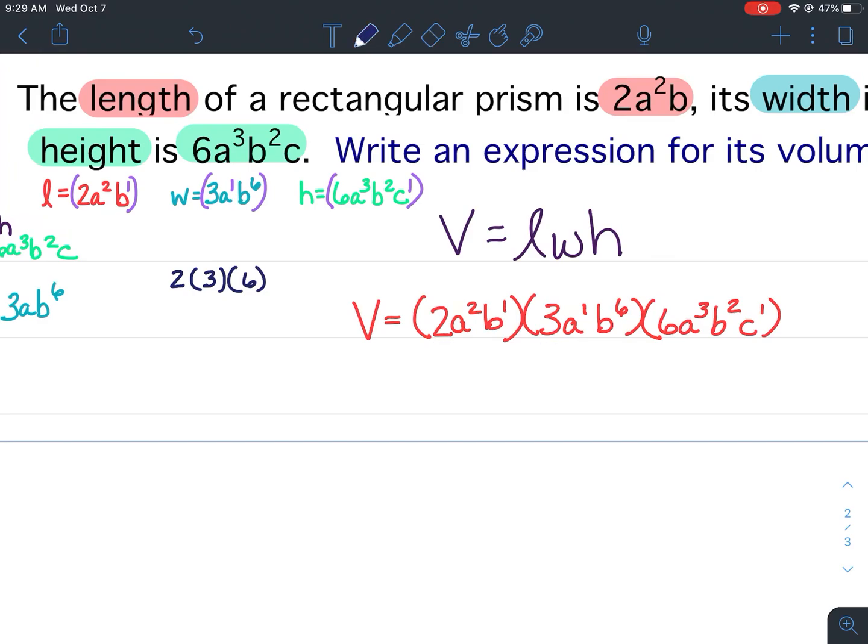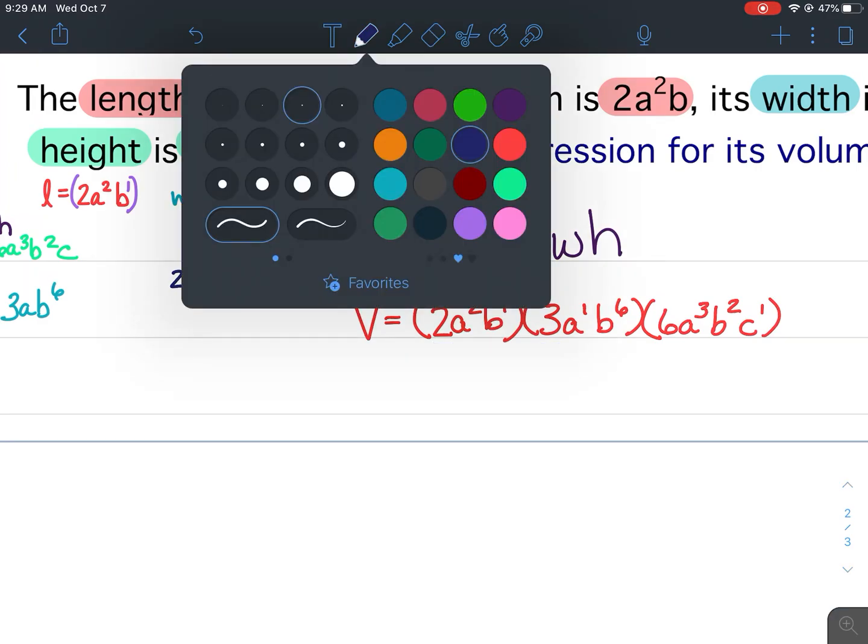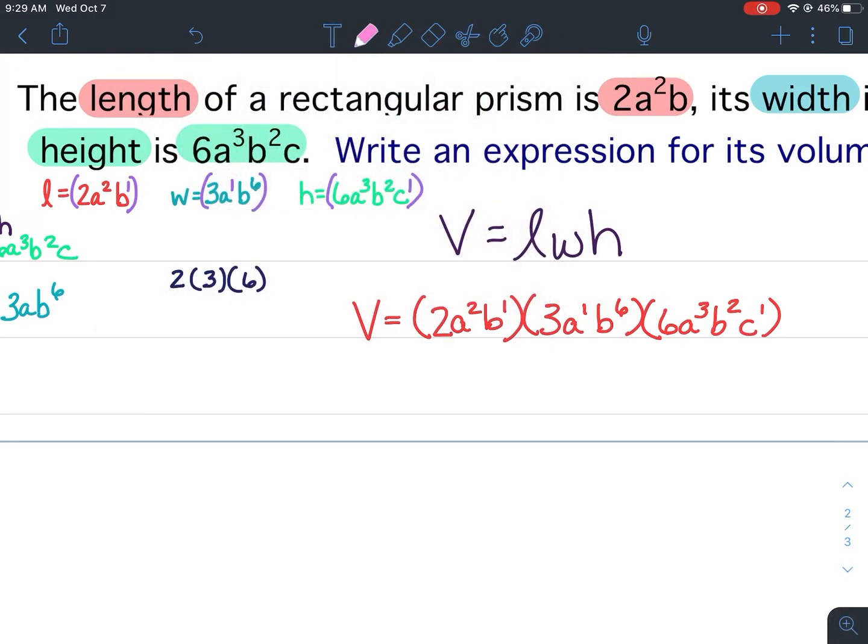Now I will group together the variables. I have variables a, b, and c, so going alphabetical order, I'm going to group together the a. So I have a to the second, a to the first, and a cubed.